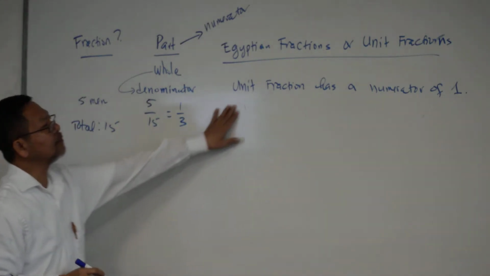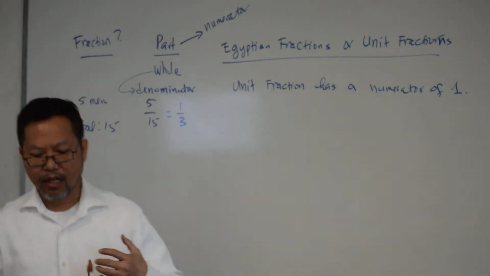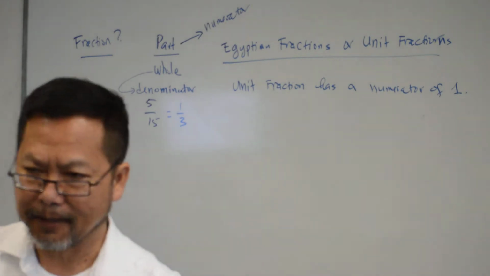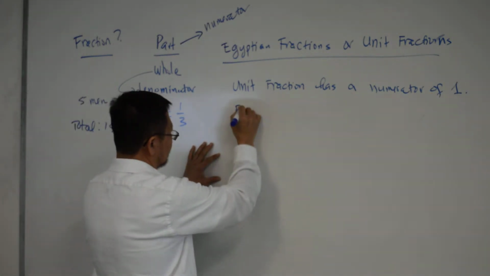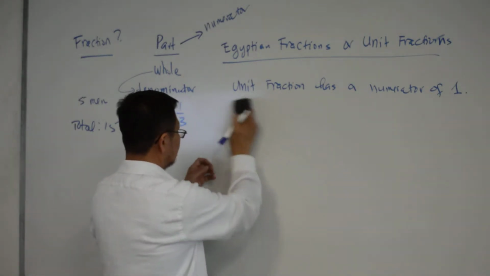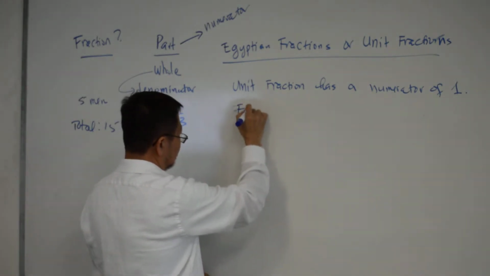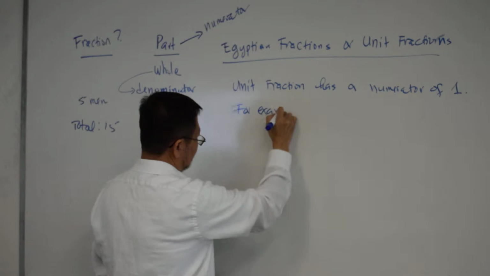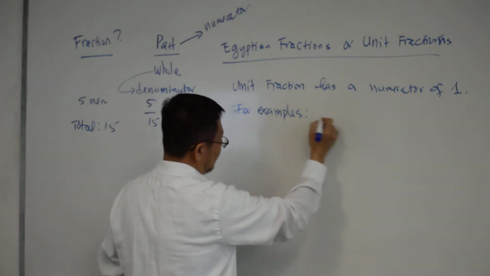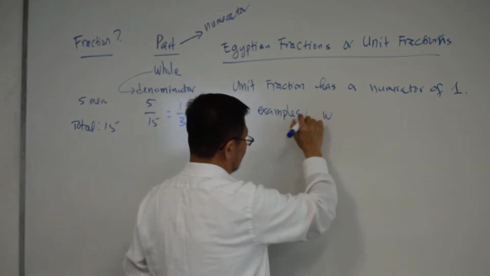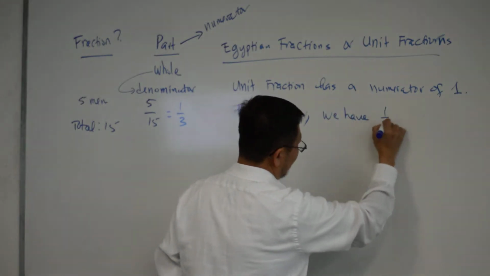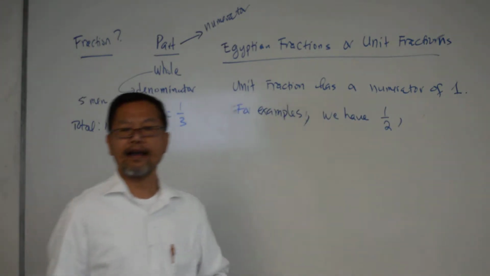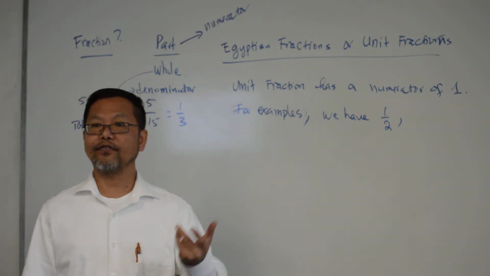Well, for example, unit fraction, right? We say the numerator is 1. For example, we have one half, a third, a fourth, right?